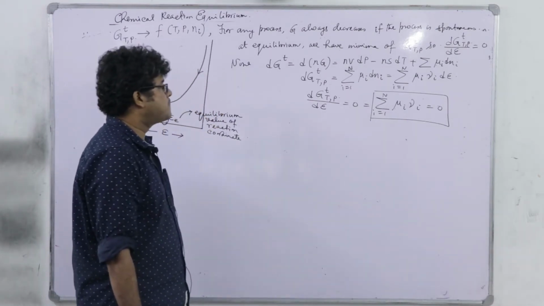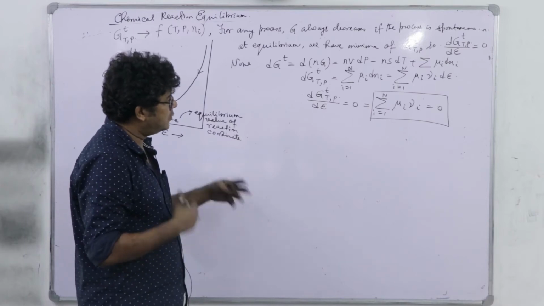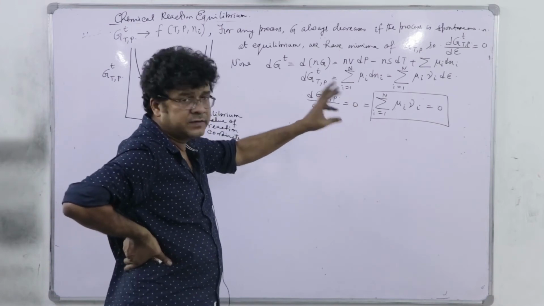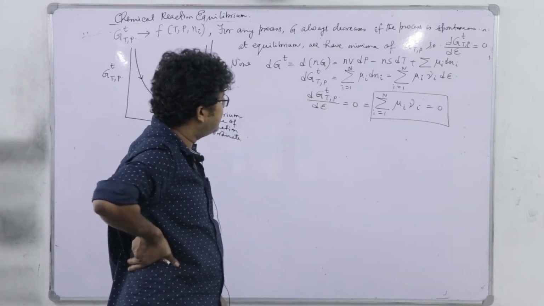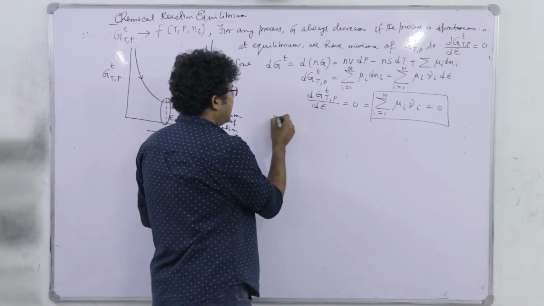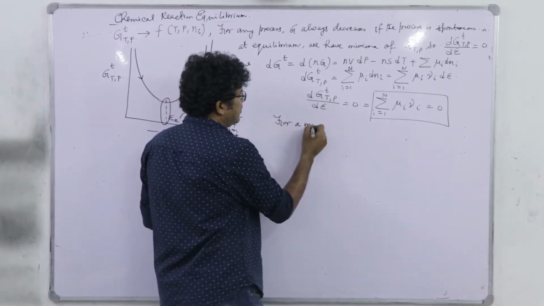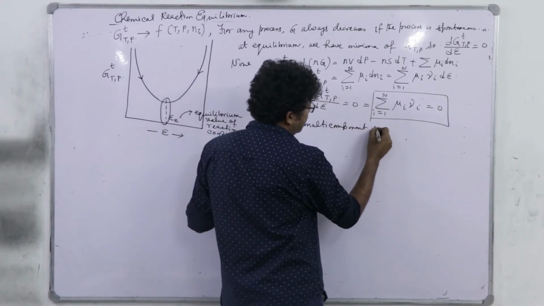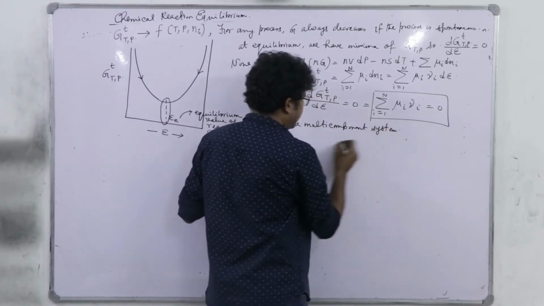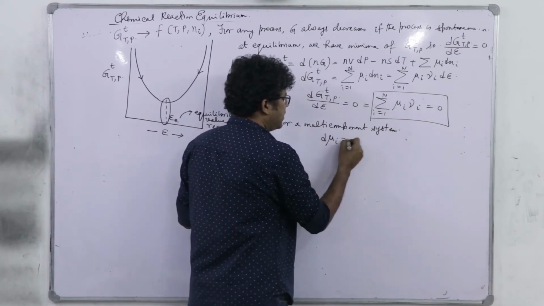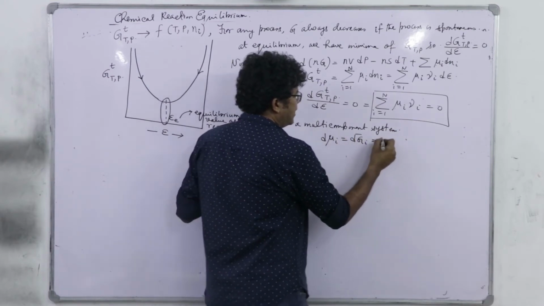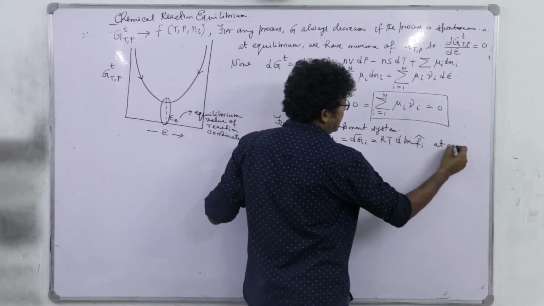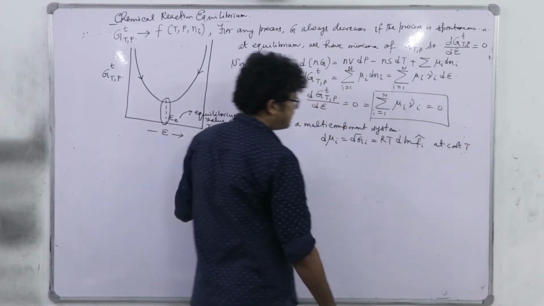So, you see that to go for further understanding, we have to work with that equation further, and we know that for a multi-component system, d mu I equal to d gi bar equal to RT d ln fi cap at constant temperature.